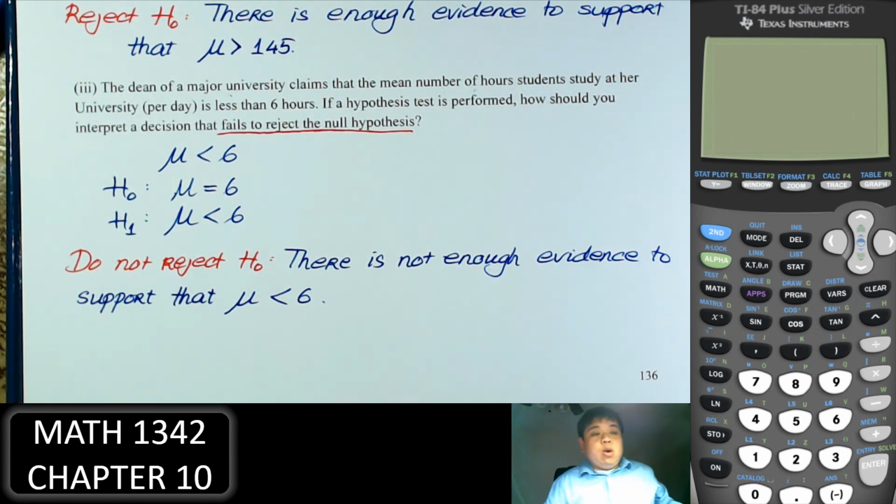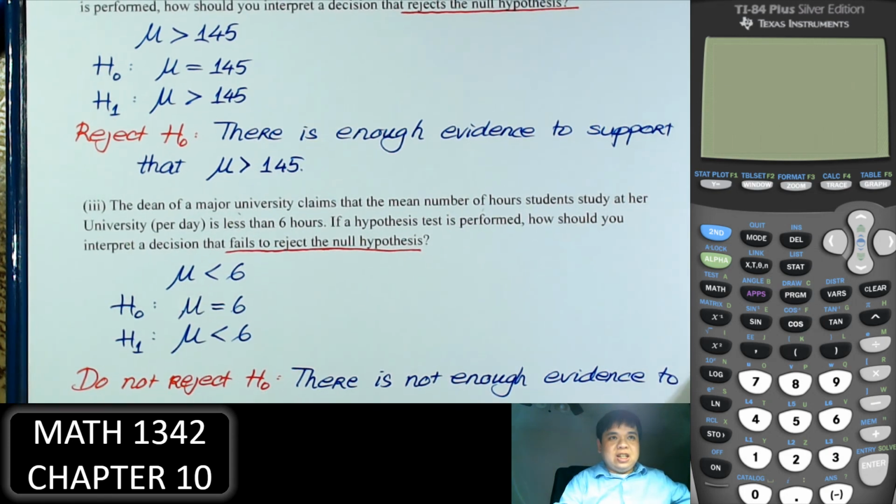Right, it's always not enough evidence to support H1, the answer in terms of H1. It's just like the verdict is in terms of guilty or not guilty. Right, let's keep that in mind.